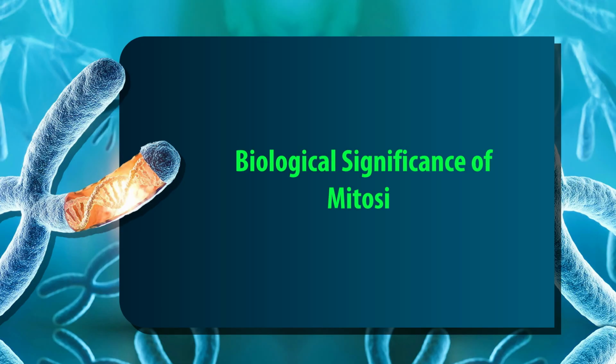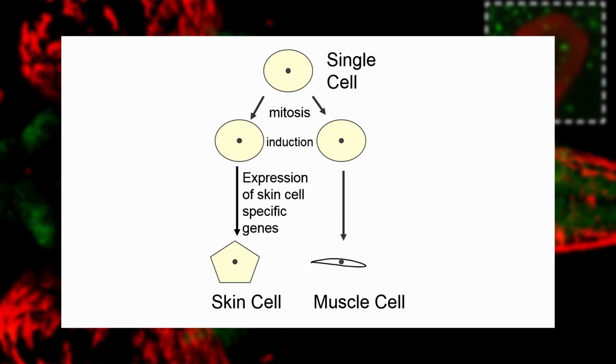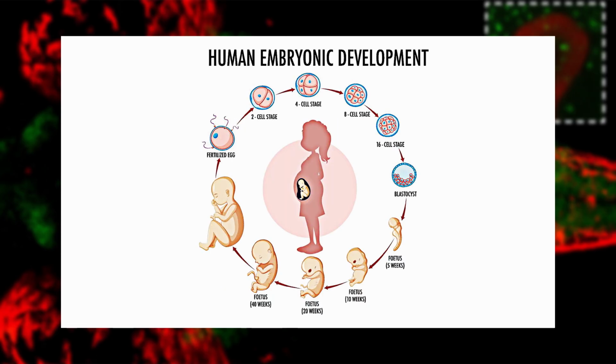Biological significance of mitosis. Growth and development of multicellular organisms. Mitosis enables cell division for growth, producing cells for tissues and organs during development. For example, mitotic division in the early embryo expands cell numbers, ensuring proper organ formation.